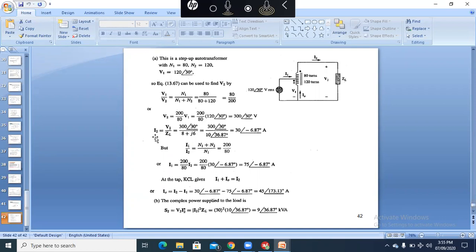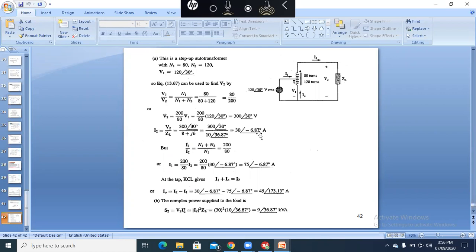Now we calculate the I2 current. I2 current is V2 divided by the load impedance. So this is 300 at the angle of 30 degrees divided by the load impedance. This will give us the value of I2, which is 30 at the angle of minus 6.87 degrees.